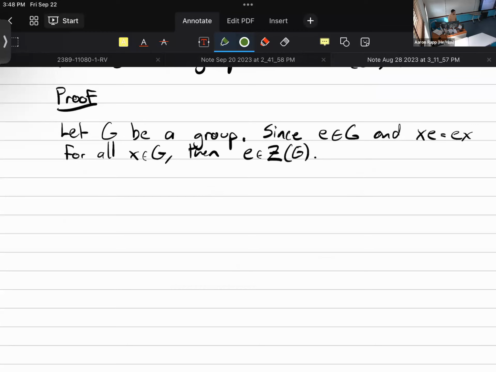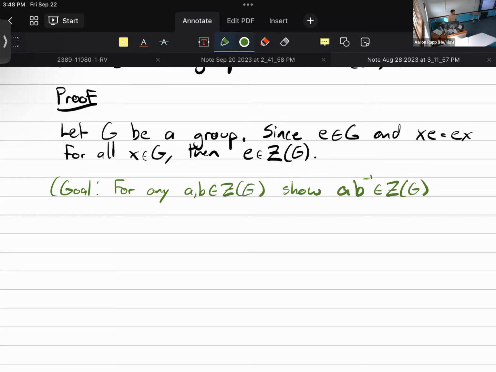The one step subgroup test says for any two elements in that set, we call the center of G, we need to show that the first element times the inverse of the second element is also in the center of G.